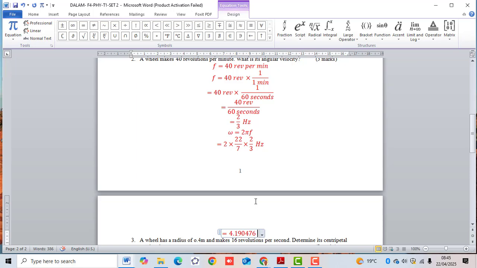What is the SI unit of meters? What is the SI unit of per second squared? Angular velocity? Oh, rads per second. Rad per second. So rad, then per second.